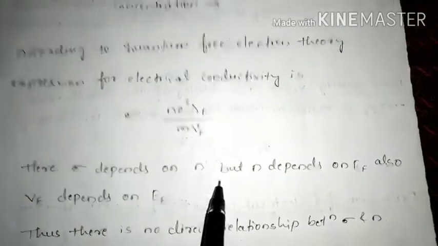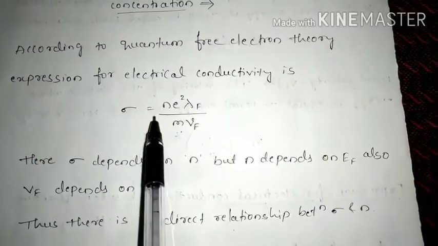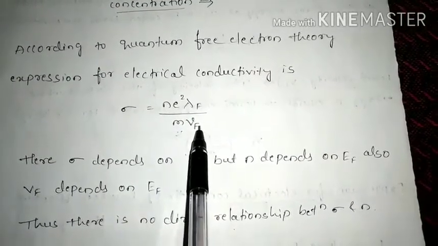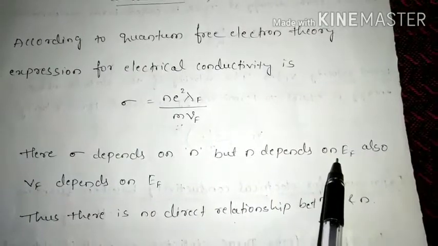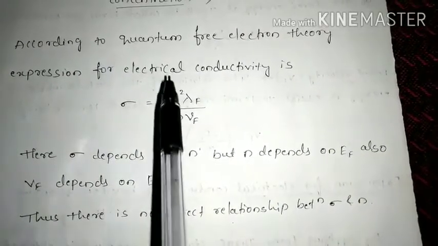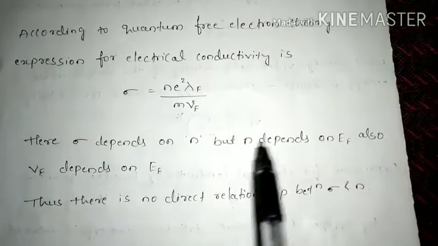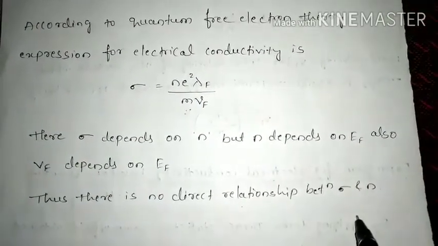But quantum theory explains that sigma is not only dependent on n, it is also dependent on Vf and on Ef, and that is the reason that as the number of free electrons increases, the conductivity will not necessarily increase, because it depends upon other parameters also.